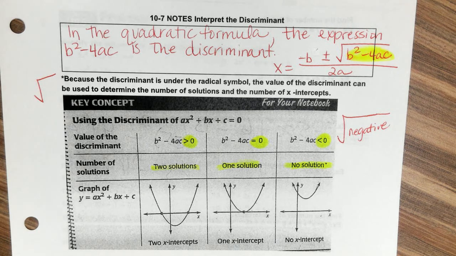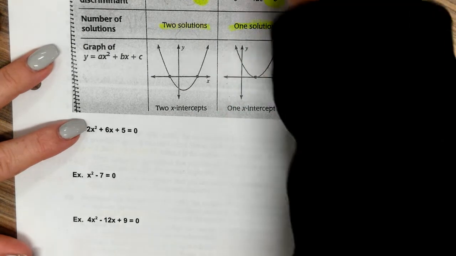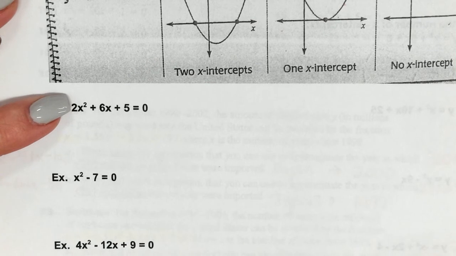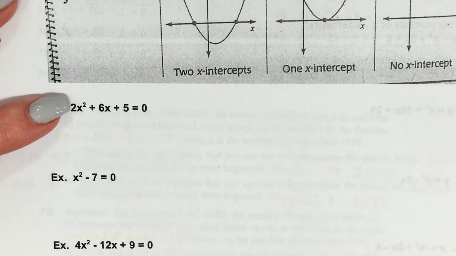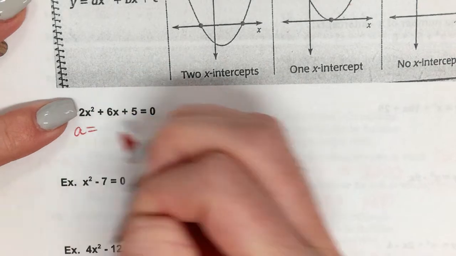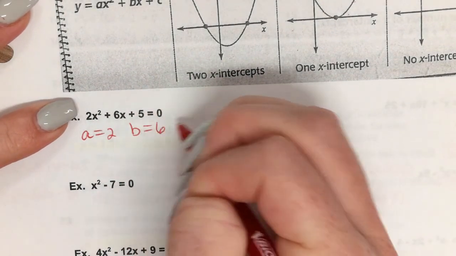All right. So are we solving today, or are we just going to answer how many answers we would get? So we'll go to the bottom. Here is a quadratic equation. We are going to tell how many solutions, if any, it would have by looking at what would go under the radical symbol. What is A? What is B? And what is C?